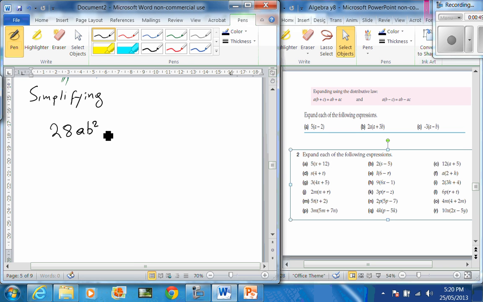28ab squared c divided by 4ab, and we need to know what's the simplest form we can write this. Simplify means actually whatever it means in fractions.